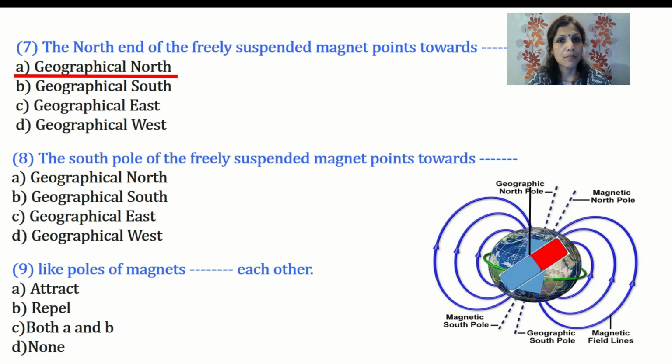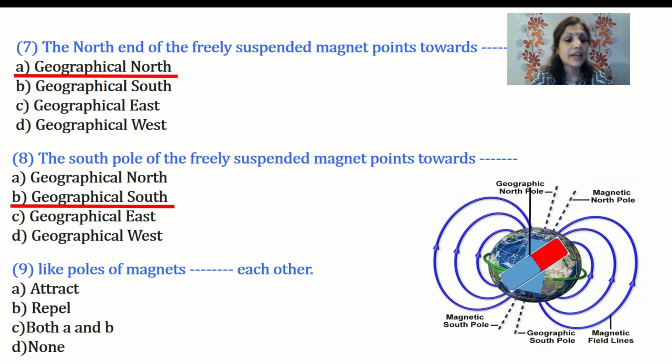Exactly opposite to that, the south pole of a freely suspended magnet will point towards the geographical south pole of the earth. With the figure you can make out that.